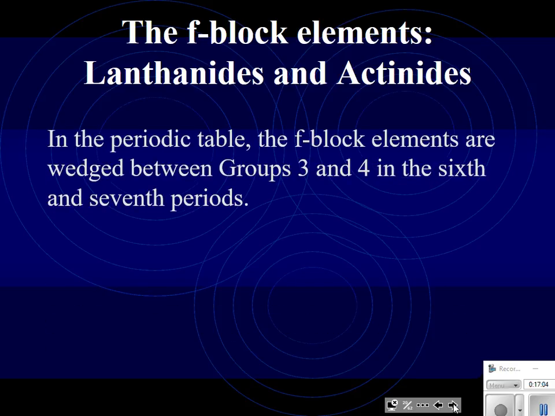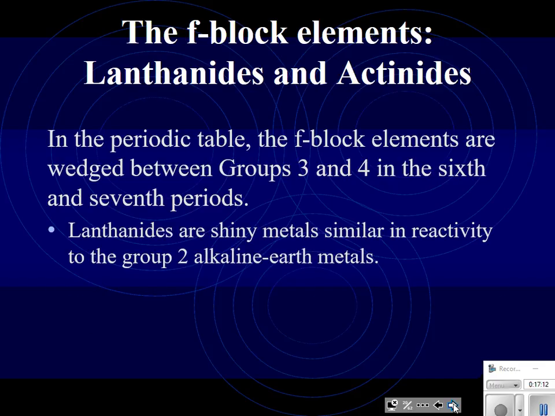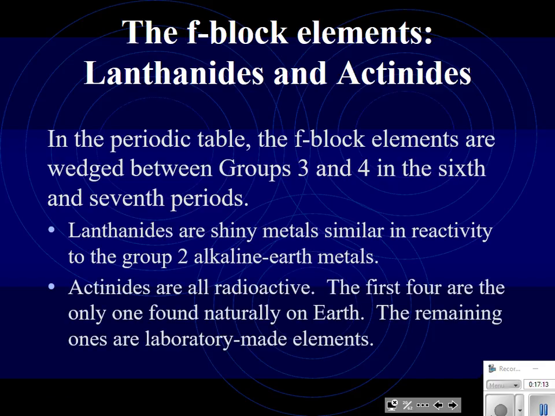We've talked a little bit about the F block of elements. These elements in the F block are wedged between groups 3 and 4 in the 6th and 7th period. The lanthanide series, the lanthanides are shiny metals similar in reactivity to the alkaline earth metals.